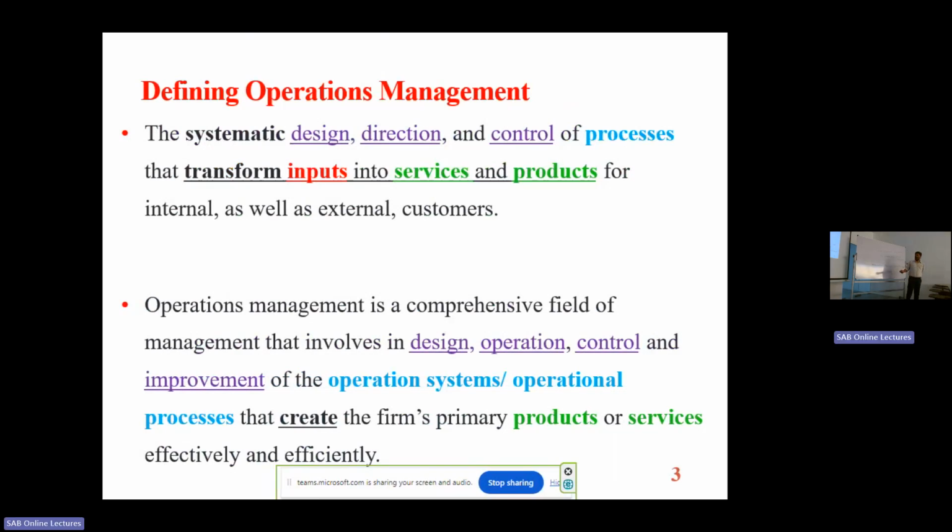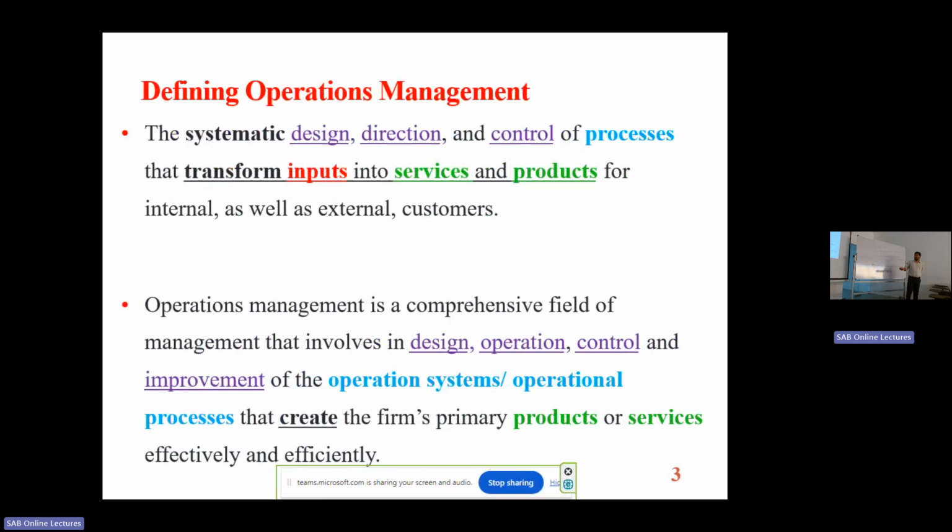In the second definition, more or less the same idea: operations management is a comprehensive field of management that involves designing operations processes, operations systems. Whether that is operations processes or operations systems, what we mean is the same. Operations systems that create firms' products or services effectively.